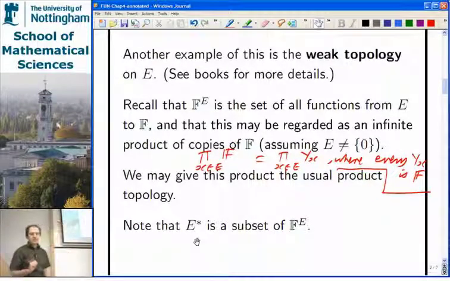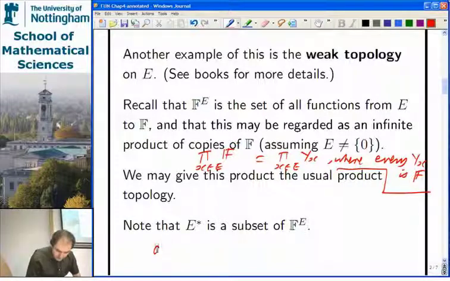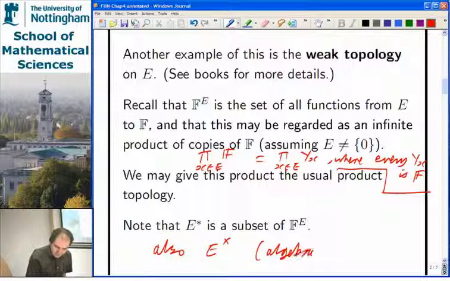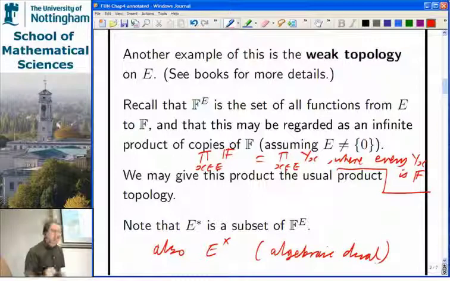And note that E star and also E cross, remember, was the algebraic dual. So E cross is the set of all linear functionals, which is, of course, functions from E into F that happen to be linear.